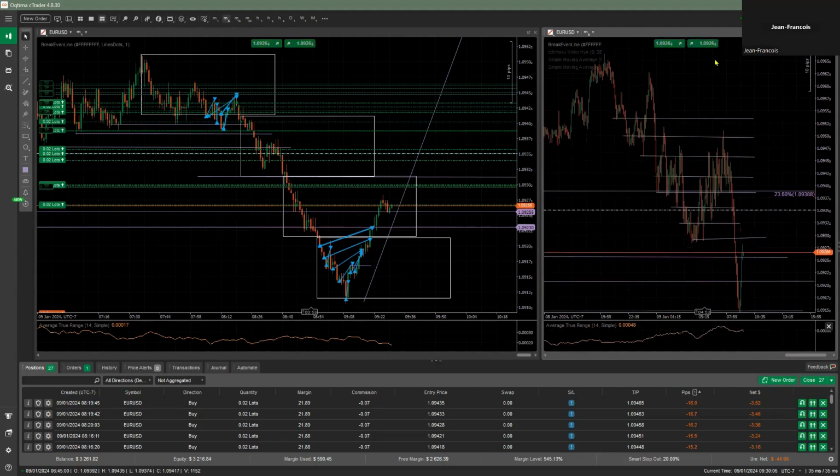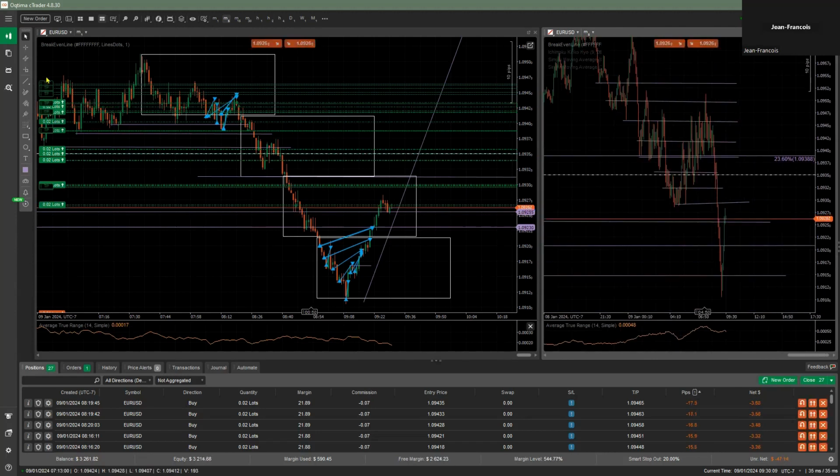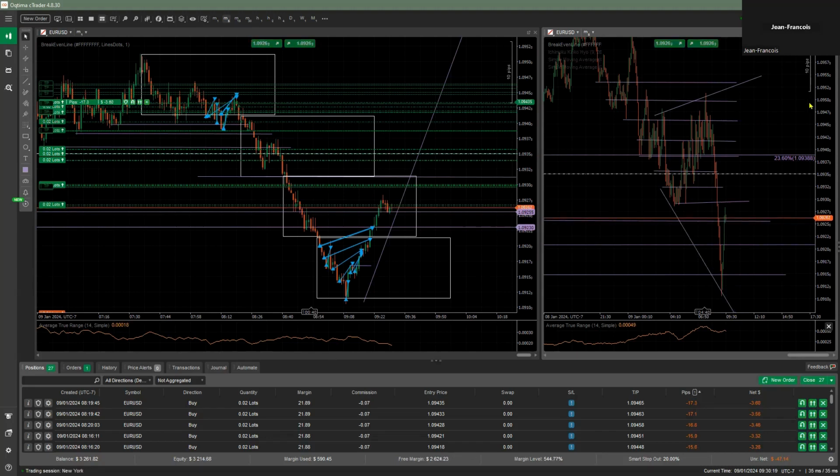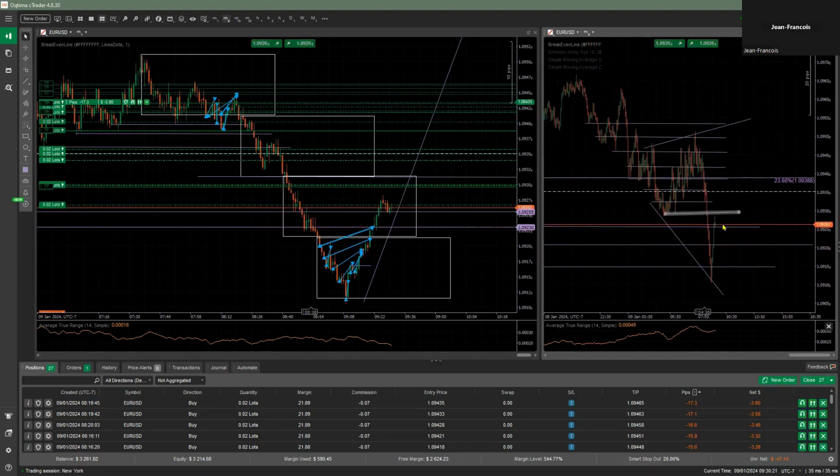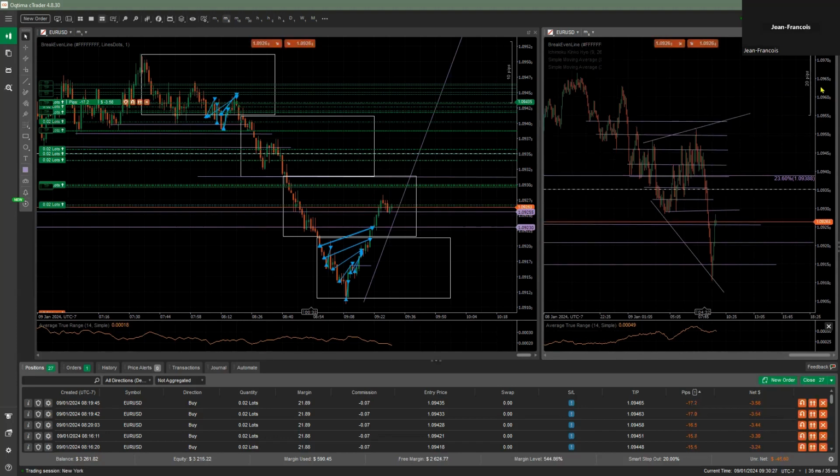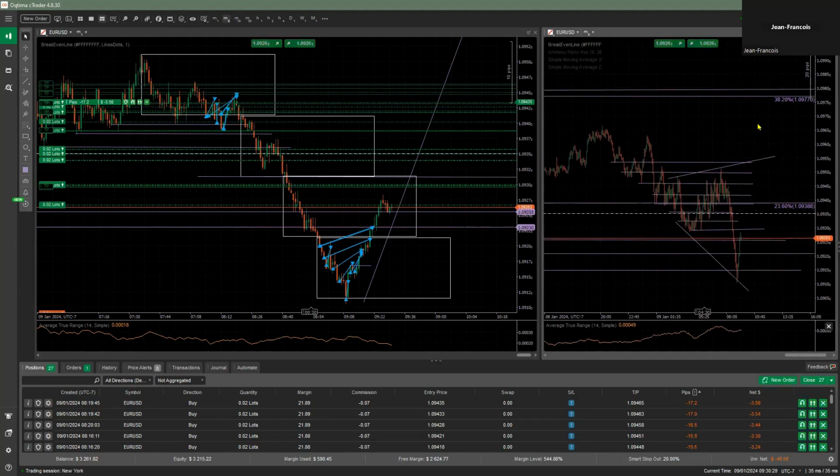Fun stuff. If you're wondering what the outside range is, I'm looking at this. So who's to say this is not coming back up? Let's just see what happens next.